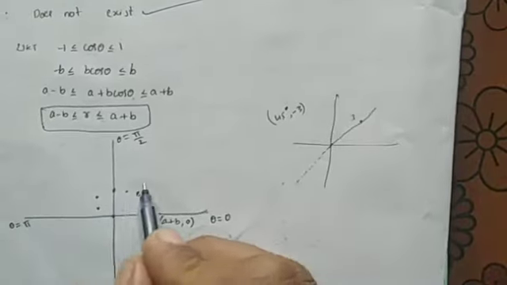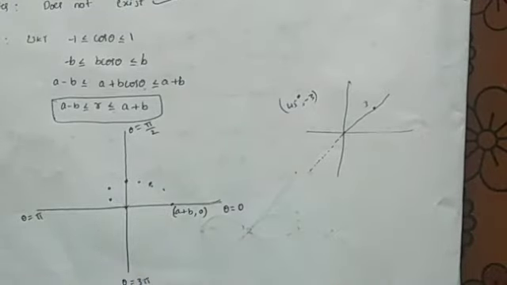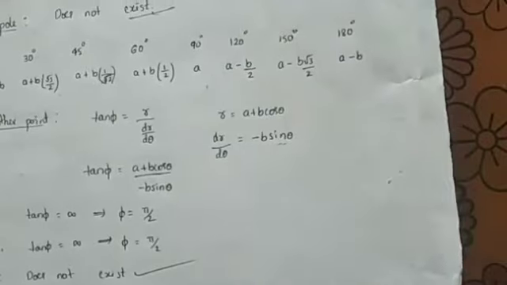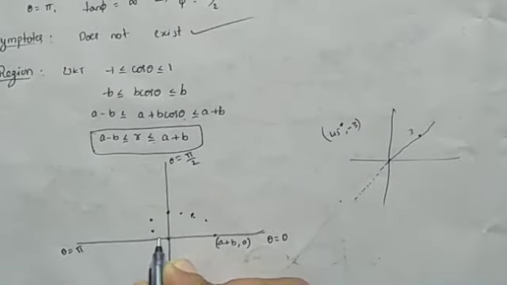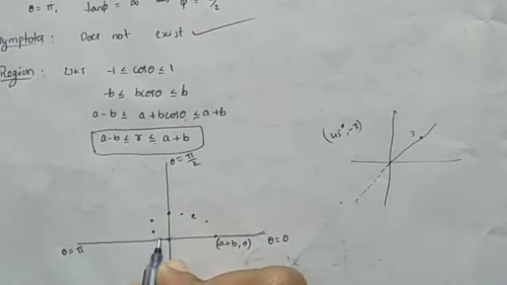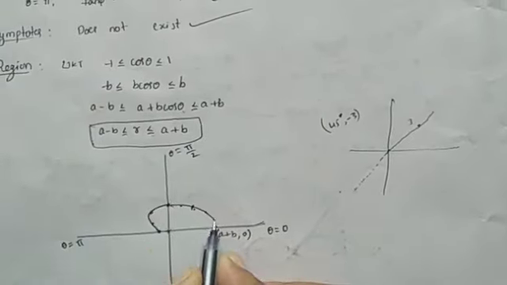If there is a negative sign, the curve moves in the reverse direction. And look here, for the 180 degree, the value of r is a minus b. This point, for theta value 180 degree, the value of r is a minus b. So next we draw a curve like this.